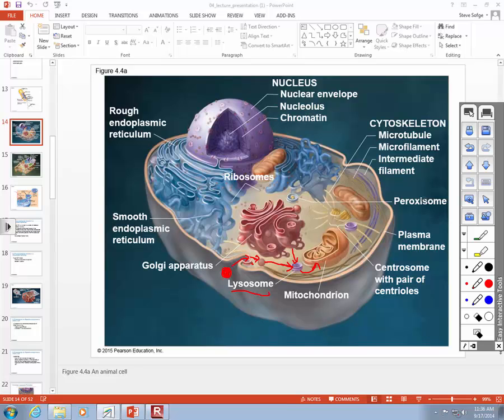Okay, so what else do we have here? We talked about the lysosome. We have the peroxisome. That thing will actually break down hydrogen peroxide, which is something cells do not need to have in them, and cells produce it. Bless you.